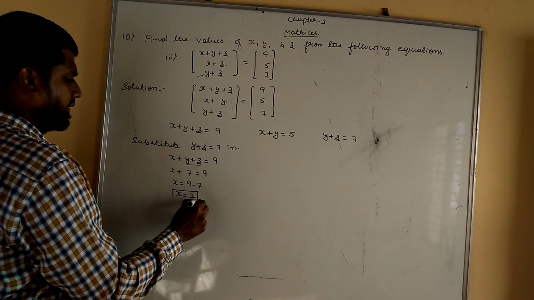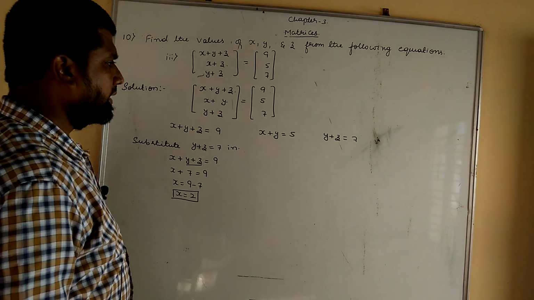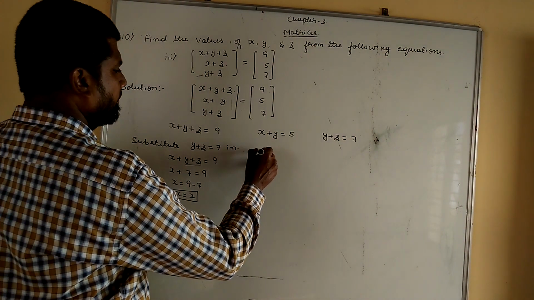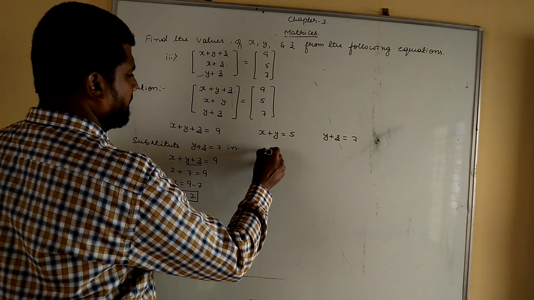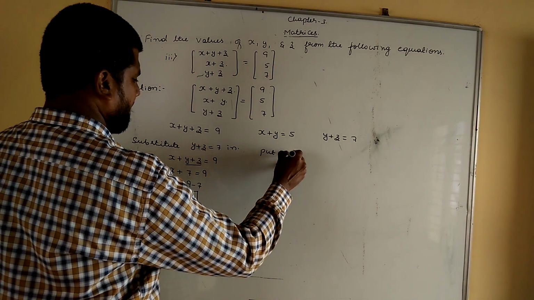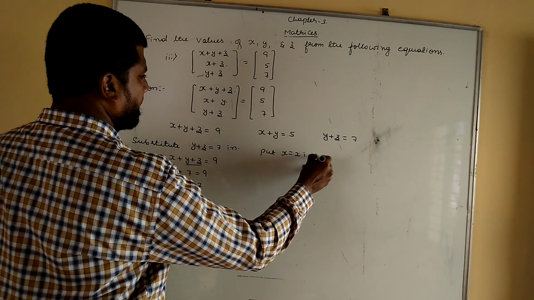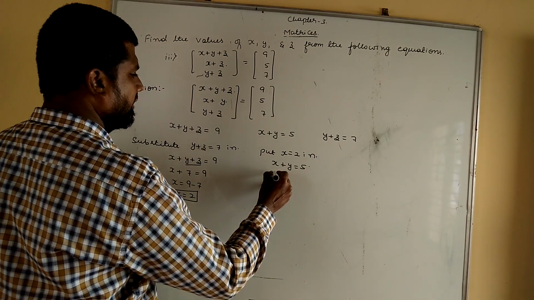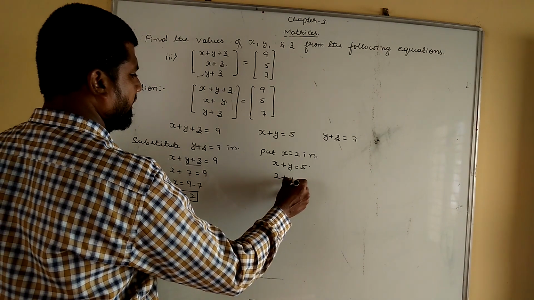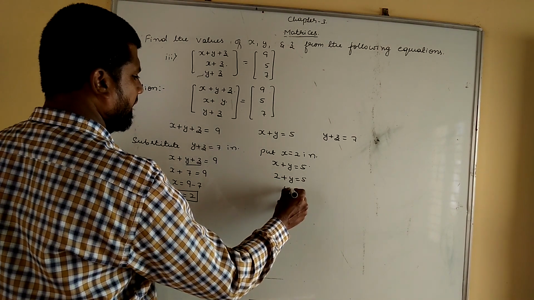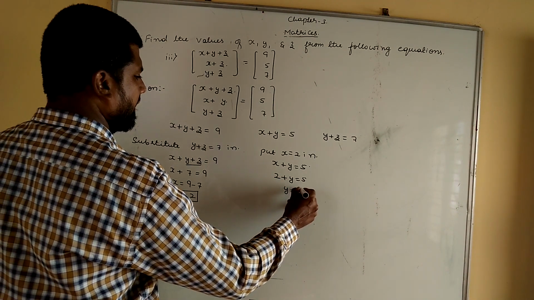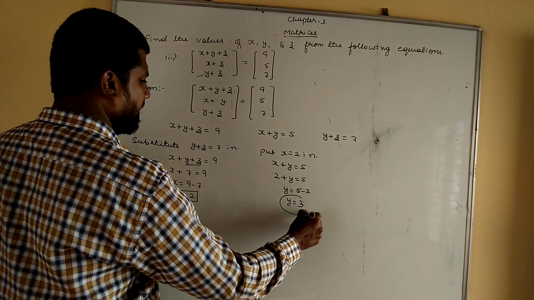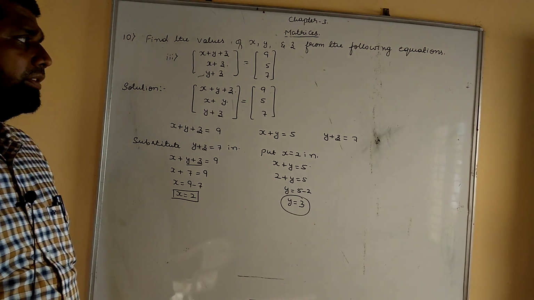You got the value of x as 2. Put x is equal to 2 in x plus y is equal to 5. 2 plus y is equal to 5, y is equal to 5 minus 2, you are getting y value is 3. You got the x and y.